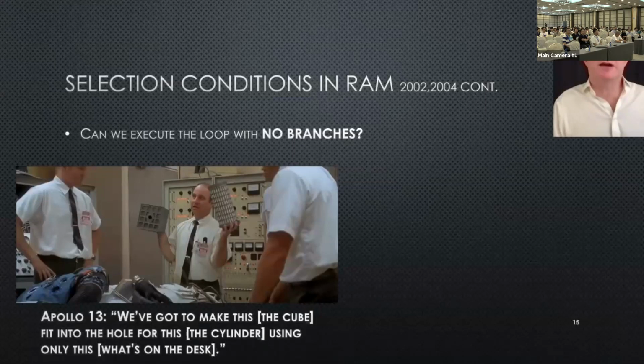And the line from the movie that corresponds to this image that I have here is that we've got to make this fit into the hole for this using only this. So they had to make do with the equipment that they had in order to solve a problem that wasn't part of the original design specification.